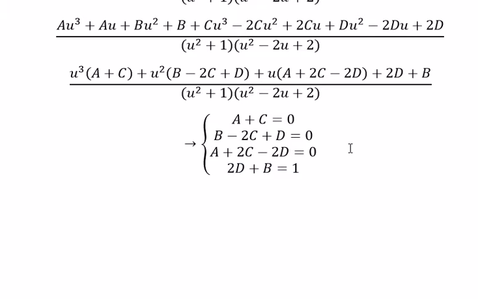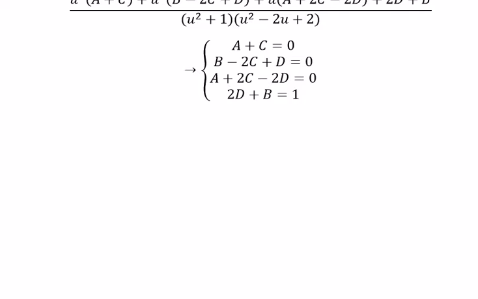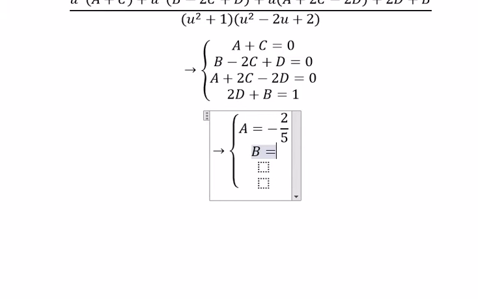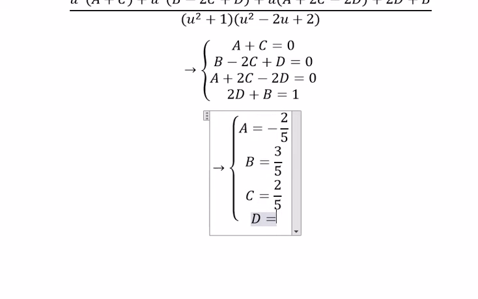And now we get the solution of this one. So we get a equal to negative 2 over 5, b equals 3 over 5, c equals 2 over 5, d equals 1 over 5.